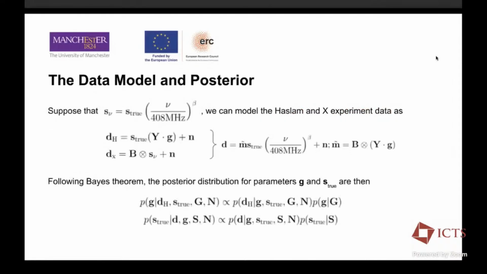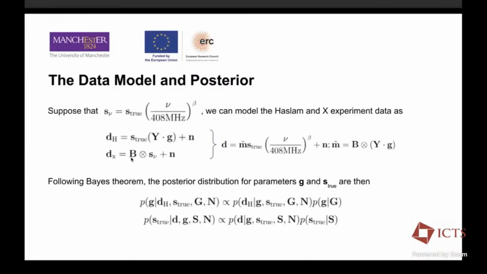So this is our data model and posterior. First, we assume that the signal at lower frequency follows a power law with a known spectral index. We can then model the Haslam and the X experiment data according to these equations. Here S is the signal, Y is the operator matrix, G is the gain, and N is the noise.